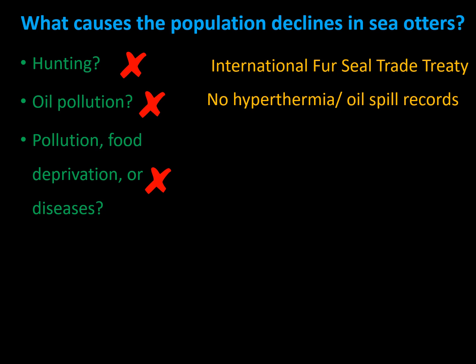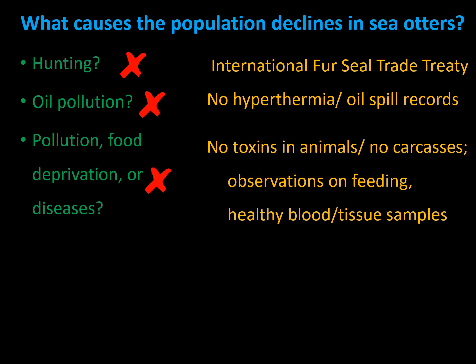You would also expect dead carcasses to float in the coastal areas, for the coastal environment to be filled with otter carcasses, and you would also expect the presence of certain contaminants within blood or body fluids, right? And if it is food deprivation, you would expect animals starving, and you would never expect to see animals feeding.